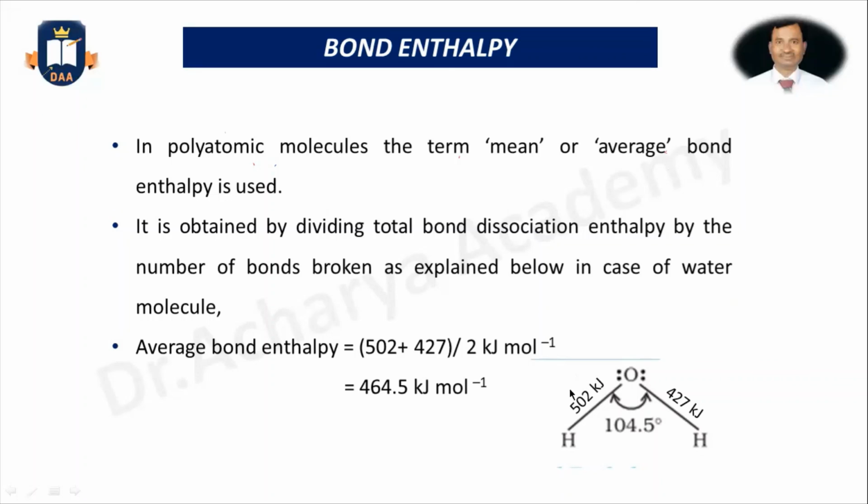For the H2O molecule, we know the 2 OH bonds need to break, requiring different energies, and we take the average of these to get the average bond enthalpy of the OH bond. After averaging, we get the value 464.5 kilojoule per mole.